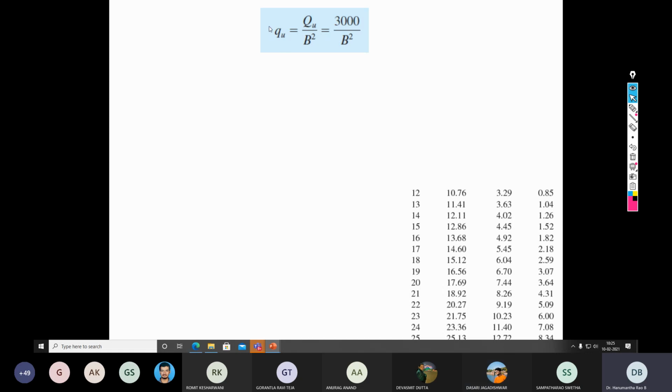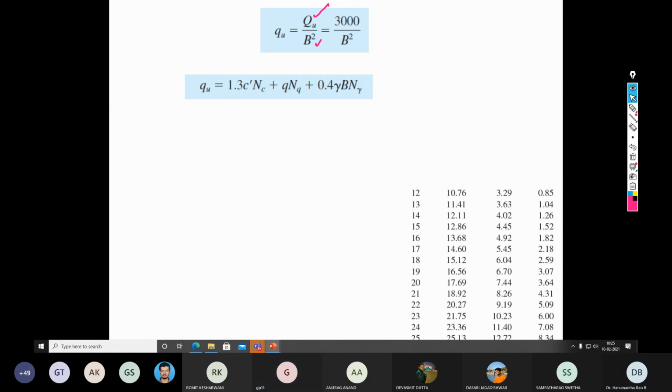The ultimate bearing capacity is nothing but load by area, but here the area is unknown. It is 1.68 something. Okay, very good. I hope you understood the logic now, how to calculate the width or size of the footing.